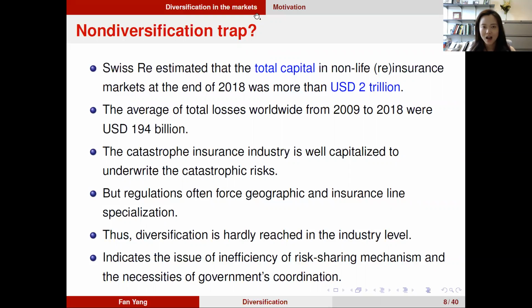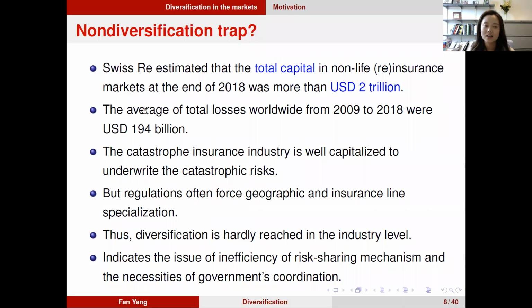But let's see, in the market, Swiss Re estimated that the total capital in the non-life reinsurance market at the end of 2018 was more than $2 trillion US. This is a really huge amount of capital held by non-life insurance companies.